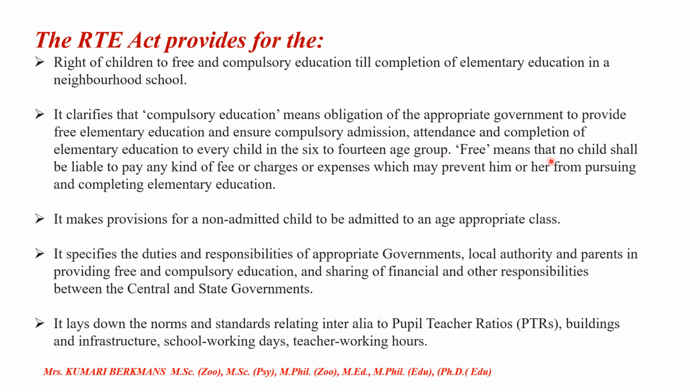Free means that no child shall be liable to pay any kind of fee or charges or expenses which may prevent him or her from pursuing and completing elementary education. Keep all these points in mind, because they come as assertions and they ask whether this is correct or not. So just read once and keep it in your mind.